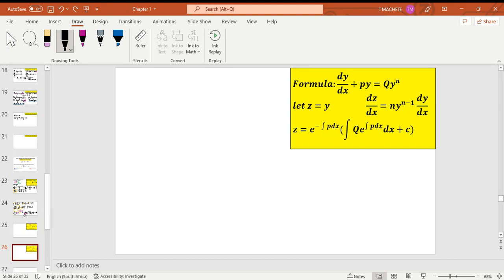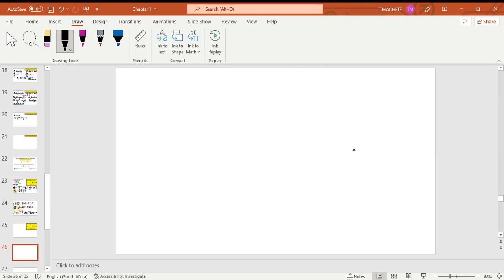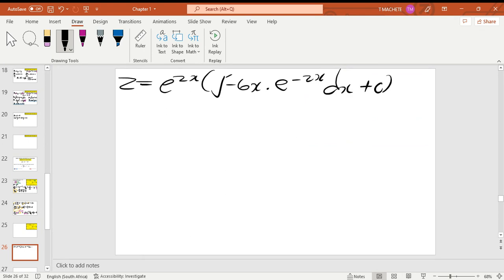So the next step is to remove the brackets. So let's write that equation, e to the power 2x integral of minus 6x multiplied by e to the power minus 2x dx plus c.